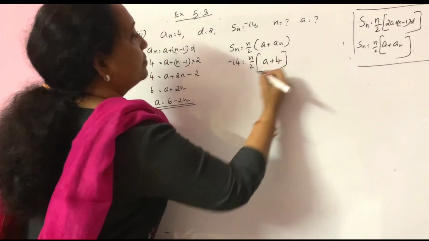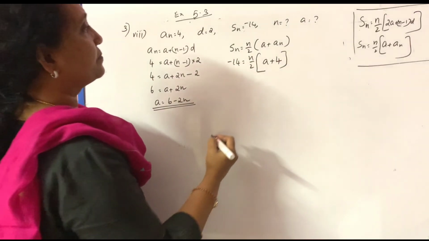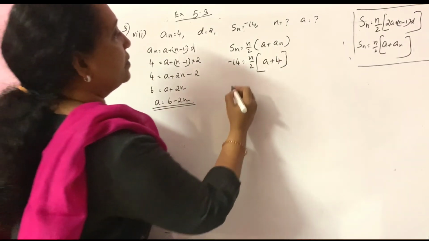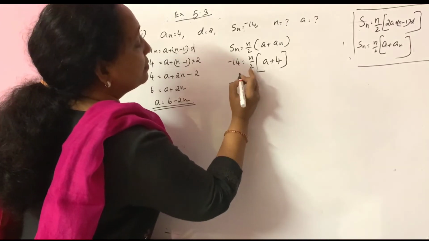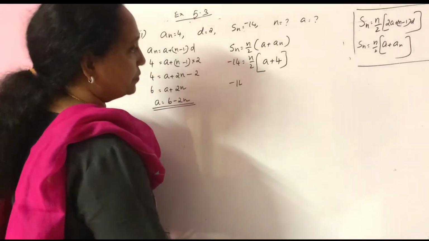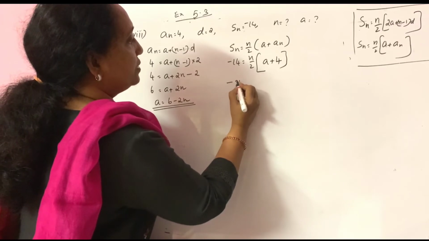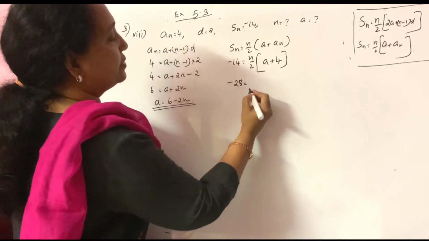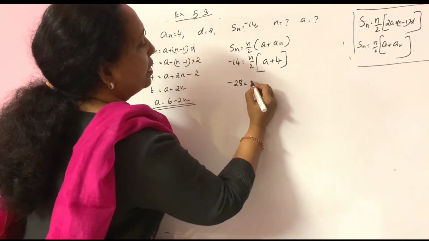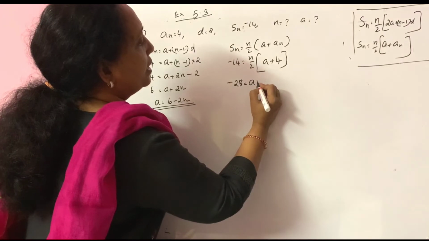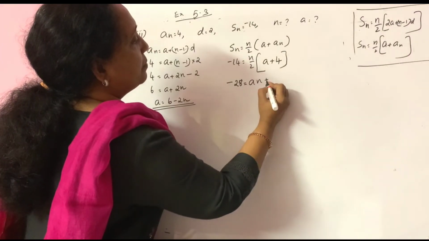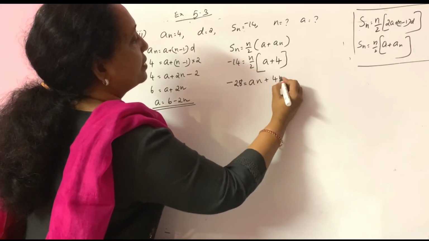Okay, this is minus 28, multiplying by 2. So the 2 goes across: minus 28 is equal to an plus 4n.